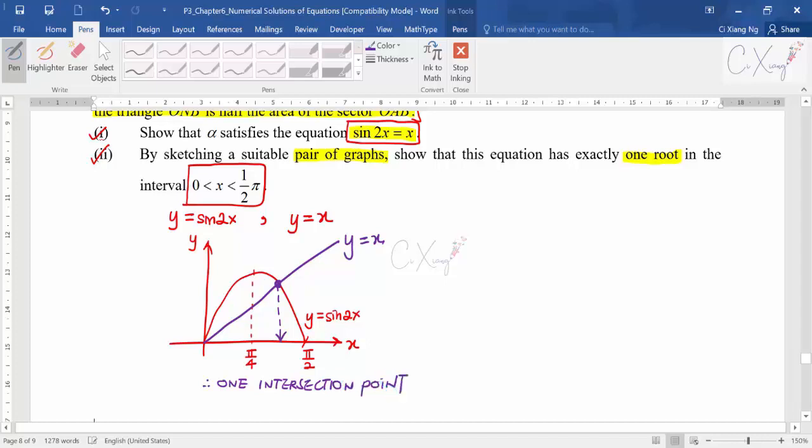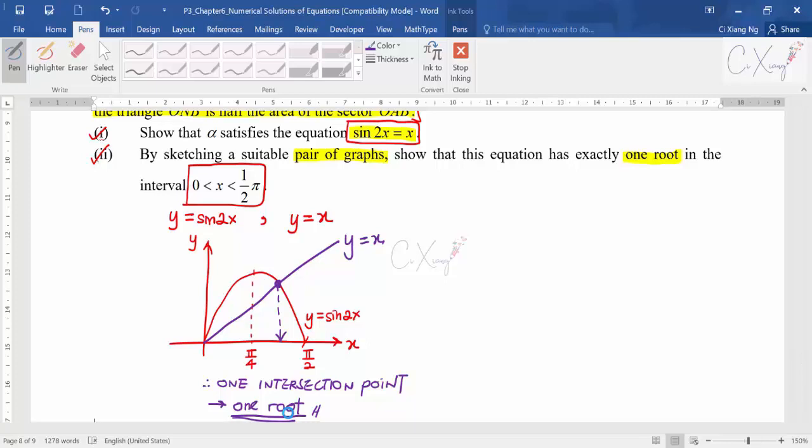Then there's only one root between 0 and pi over 2. So this is how you use the graph to locate the root. I hope that there's no problem for you.